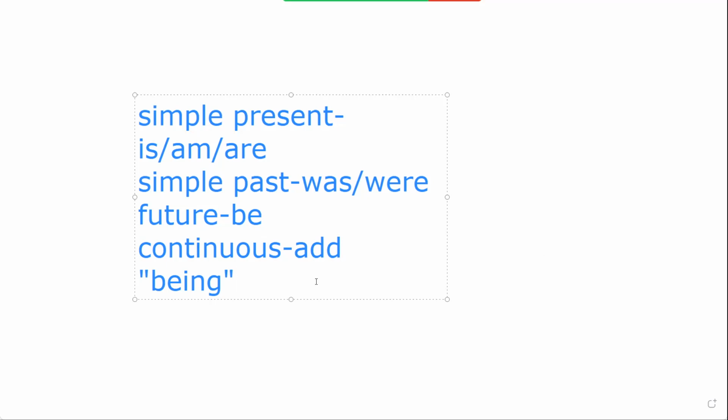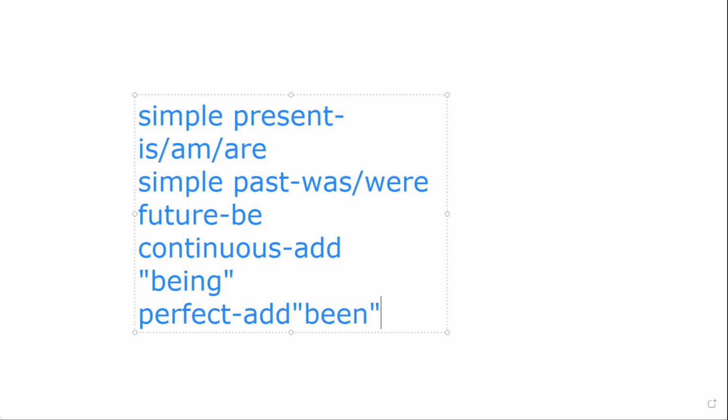If there is a perfect tense, whether simple perfect, present perfect, past perfect, or future perfect, you have to use one extra verb, that is called been.